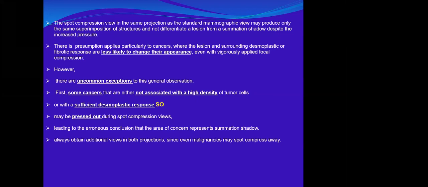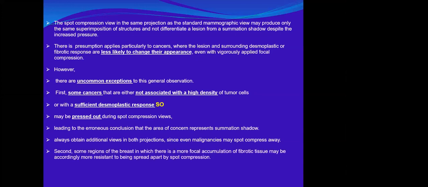Always obtain additional views in both projections, since even malignancies may spread away on spot compression. If it is not associated with tough fibrotic tissue, it might give some spread away and a false impression that this is not cancerous tissue.